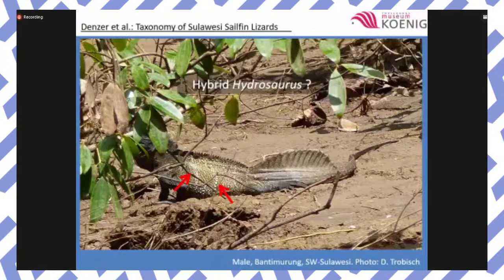So it is not quite clear if this is the case, and some in-depth phylogenetic or molecular studies would perhaps give more results. But so far, we did only morphological investigation.